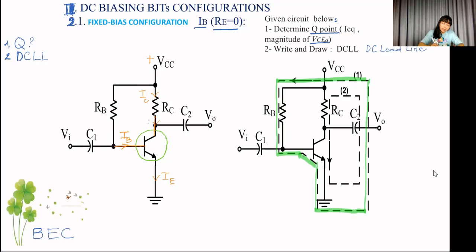We divide the circuit into 2 parts. You remember we have only 3 configurations. And you see on the right, we have output C here, output. And on the left, we have input B here, input, right?